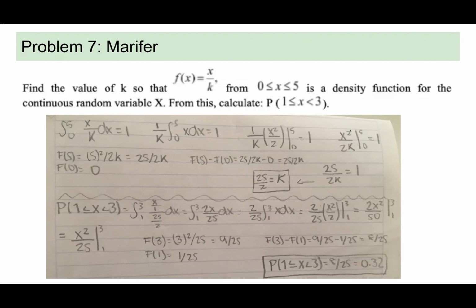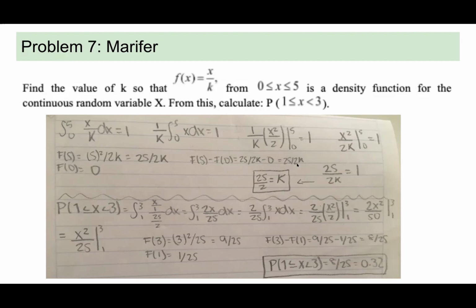Okay, and then we have to substitute the value of 5 in this function. So 5 to the second power, and we leave k the same, and we have this answer. And then we substitute 0, and well, it is 0. So then to get the value, we have to subtract these 2, which is 25 over 2k.